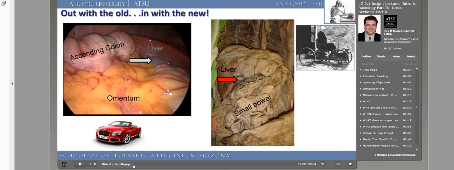I've labeled some structures to show you the similarities, or better yet, the dissimilarities. You can see the liver on the left and then the liver in the cadaver. The blue arrow points to the gallbladder in a normal adult specimen. On the right, the shrunken, shriveled gallbladder can be seen in the cadaver image.